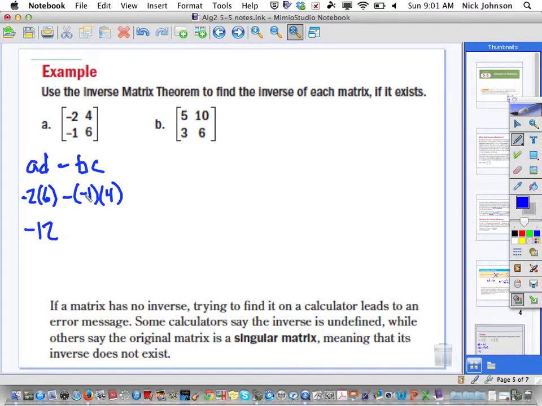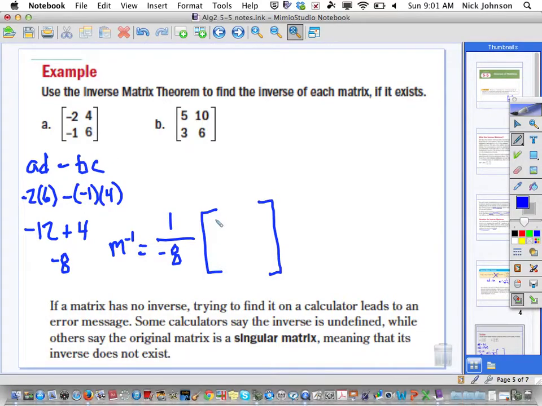A negative times a positive is going to be a positive, so 4 times 1 is 4. So I get out a negative 8. So this does exist. So my inverse, and I'm just going to call this M inverse, is equal to 1 over this thing, which is a negative 8, times the matrix.